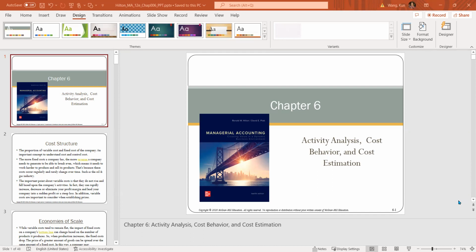Chapter 6 is not really hard. It's a transition from chapter 2, when we introduced the different cost concepts. You remember there is one way we separate the cost based upon cost behavior. We group costs by different criteria or perspectives. Cost behavior: we separate the cost into variable cost, fixed cost, and even mixed cost.